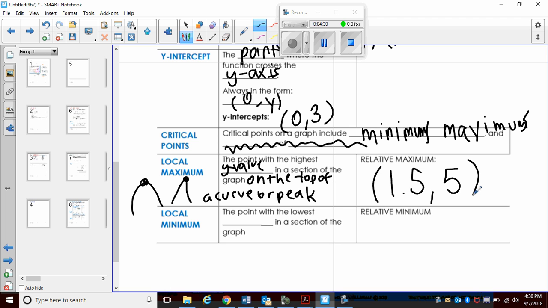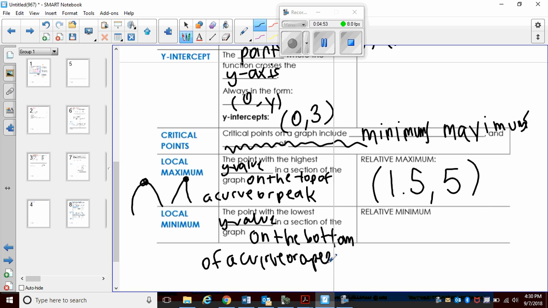Okay? The minimum is the point with the lowest y value on the section of the graph on the bottom of a curve. Okay, so it looks like this, or it looks like a valley.